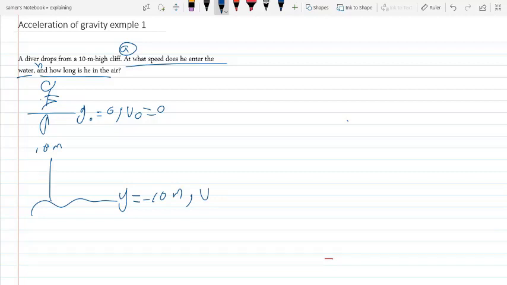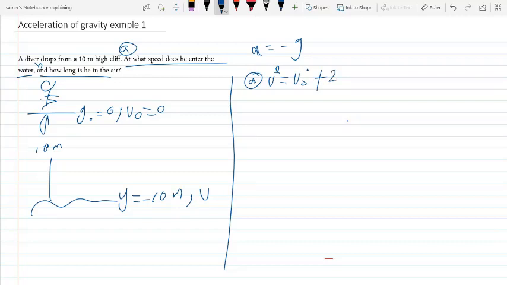So in part A, in order to find v, we have v0, and we have the acceleration, which is minus g. In this case, we can just use this relation: v squared equals v0 squared minus 2g (y minus y0).